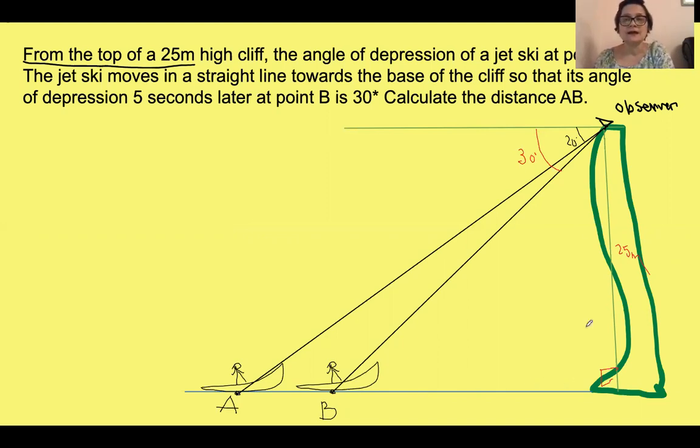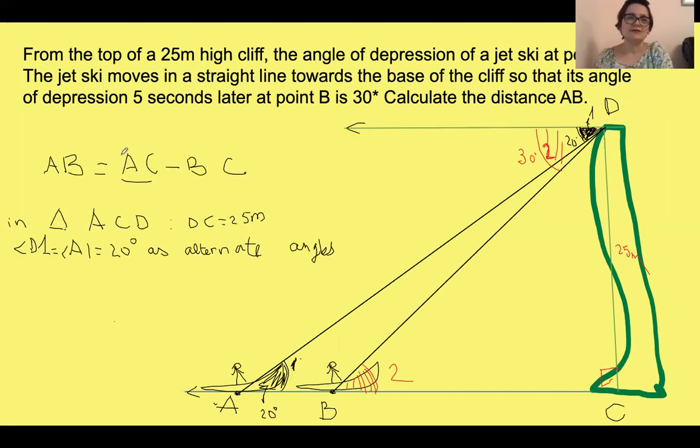The first angle of depression, created between the horizontal line and the line that joins the observer with the object, is 20 degrees. The line goes down, and 5 seconds later is 30 degrees. So we need to find the distance AB, from here to here.